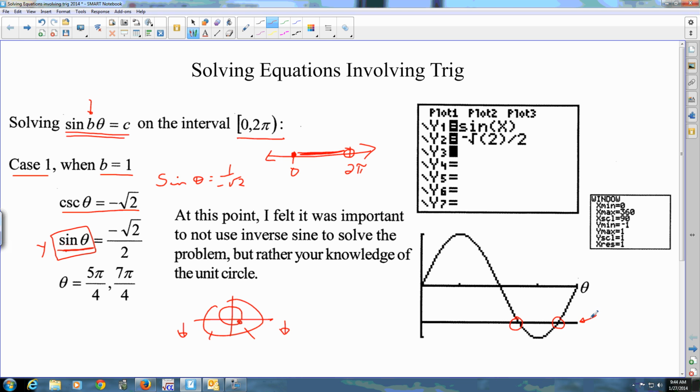This here is negative square root of 2 over 2. This is the left side, which was sine theta. There are two intersections showing you where this equals that. And those values are 5 pi over 4 and 7 pi over 4. There are two answers to it. You're going to need this idea when we start looking at other ones to help you see how many answers there's going to be.